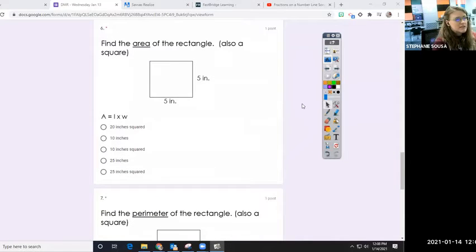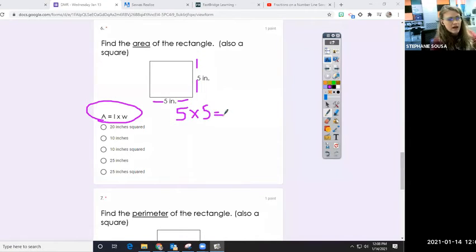Number 6, find the area of the rectangle, also a square. The area is the length times the width. This time they're the same. 5 times 5 is equal to 5, 10, 15, 20, 25. And we have inches as our label.